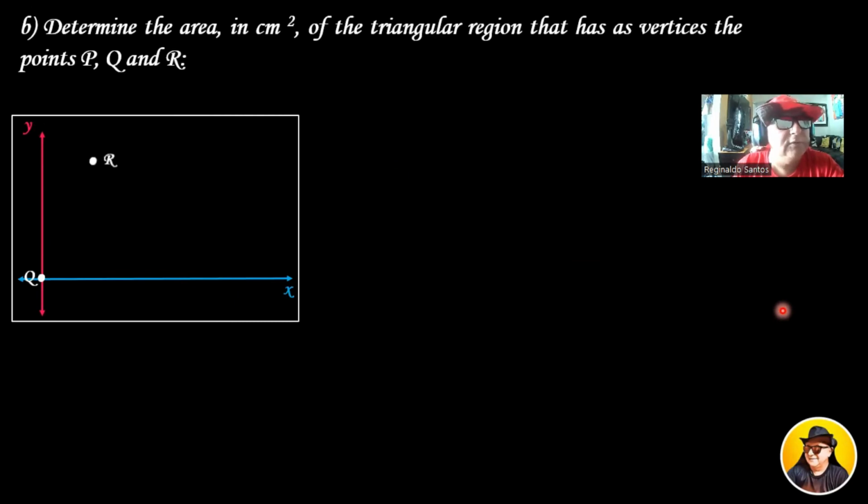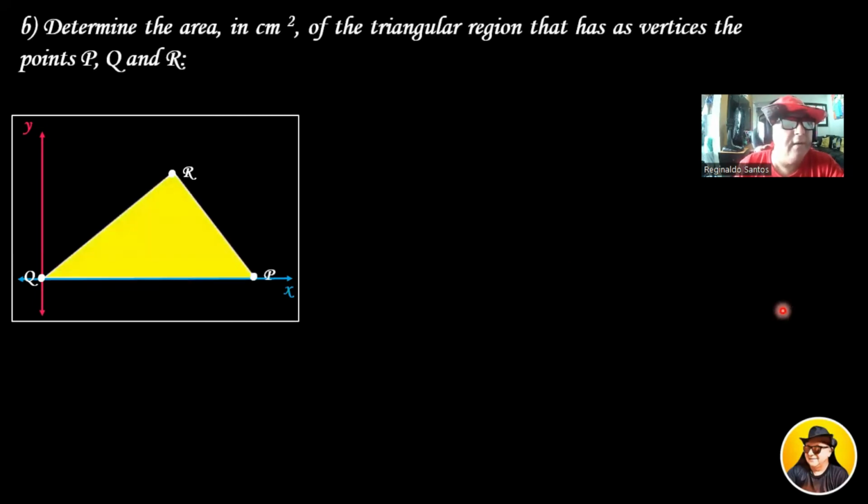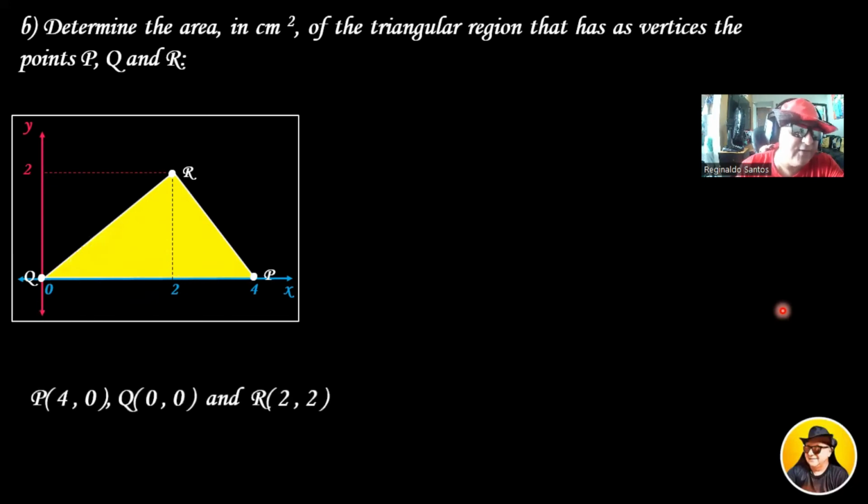Q, R, and P. We have here a yellow triangle. The coordinates are important. The coordinates of P, Q, and R are: P 4 and 0, Q 0 and 0, and R 2 and 2.